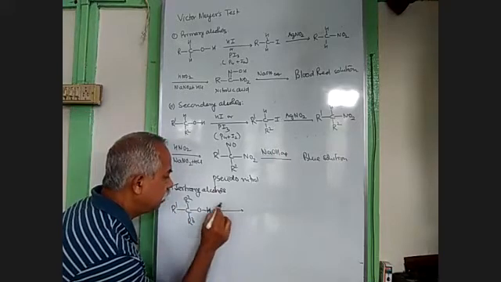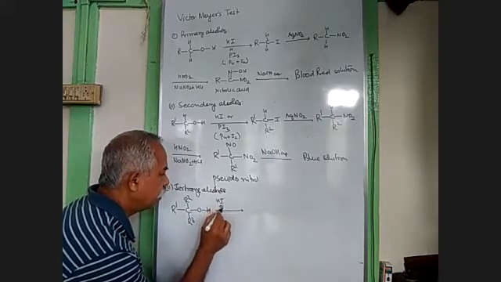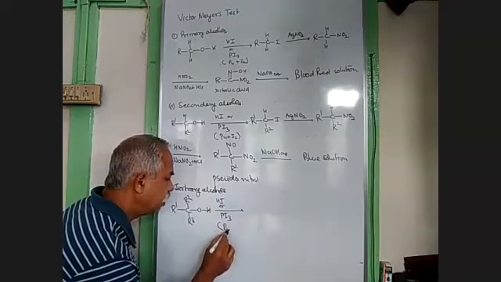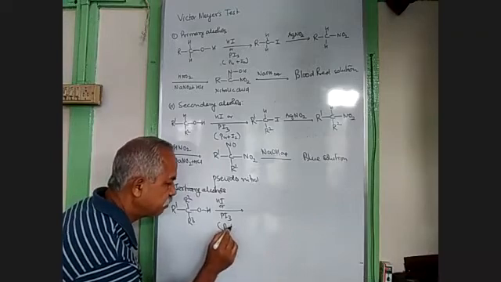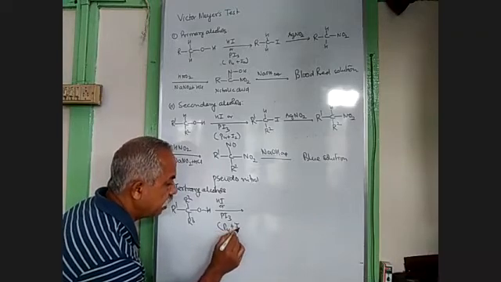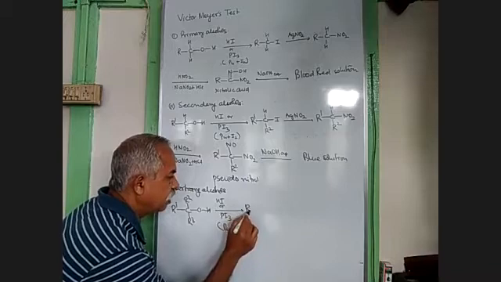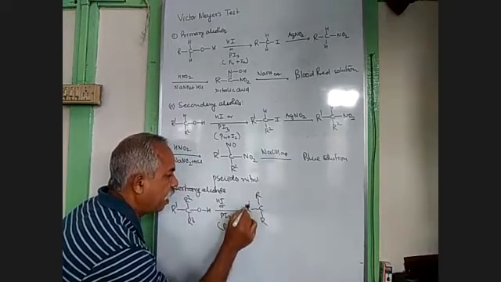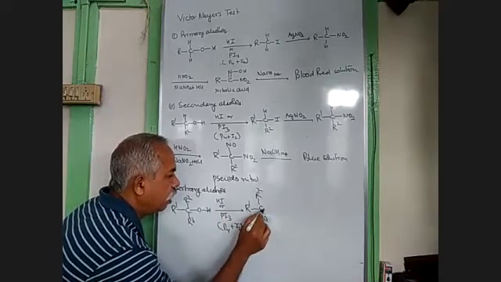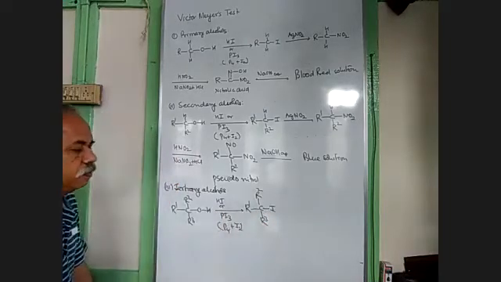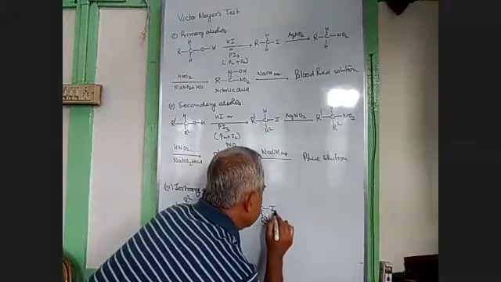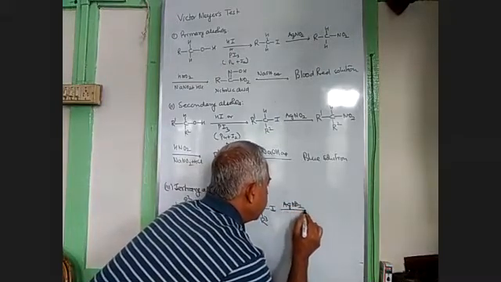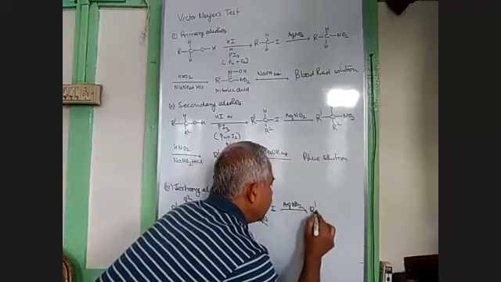So we'll treat it with hydrogen iodide or PI3. How do you generate PI3? Red phosphorus, P4 and I2. So what are you going to get here? R1, R2, R3, C, I. Then we'll add here silver nitrite, AgNO2. What will you get now?